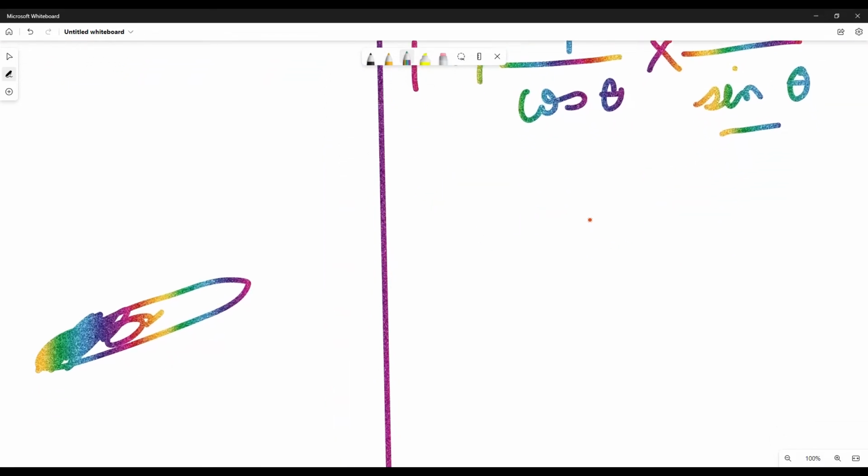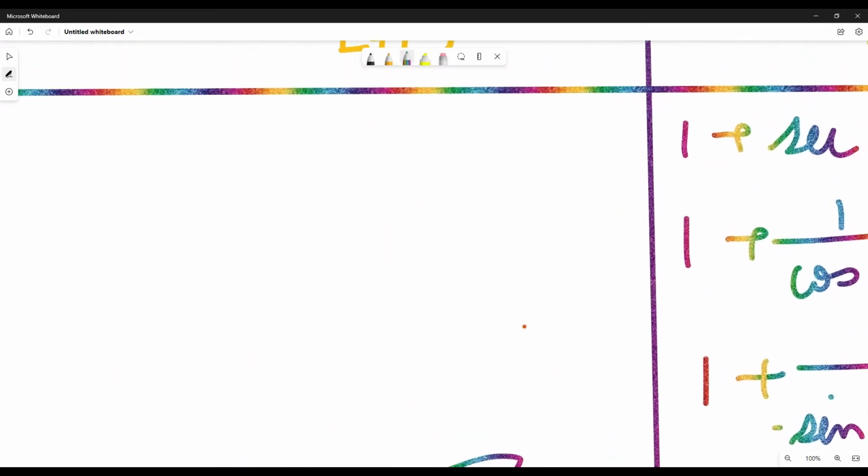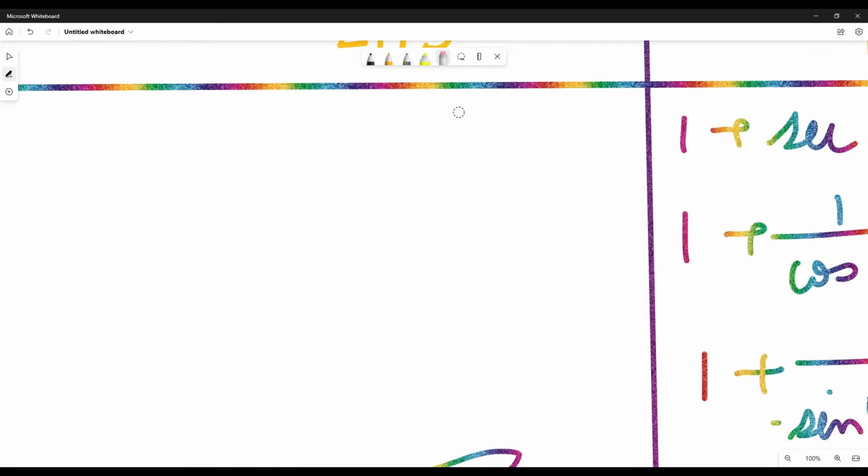So just multiplying these both, 1 plus 1 by sine theta cos theta, right? So we will see if we need to convert it even further once we solve the RHS.